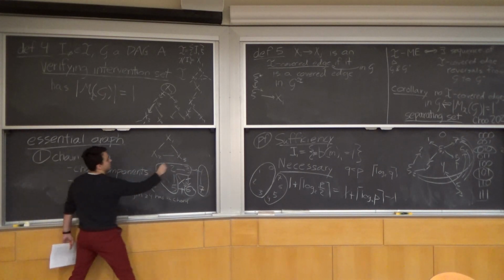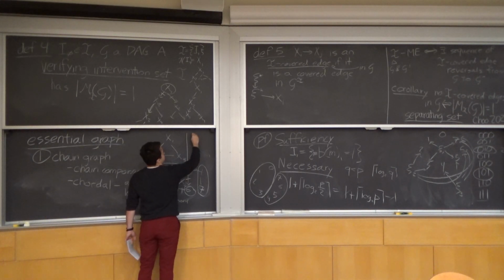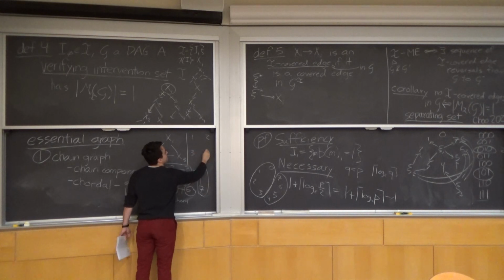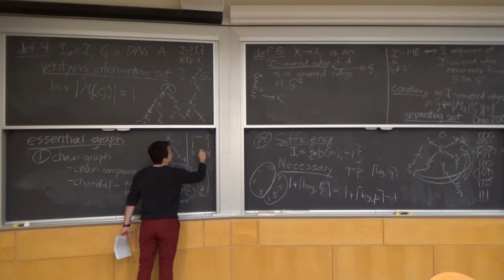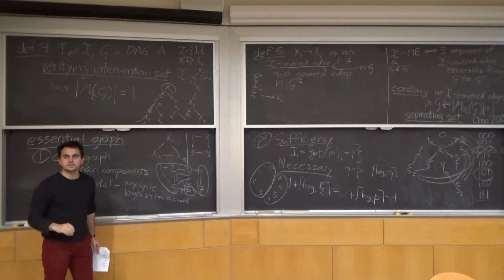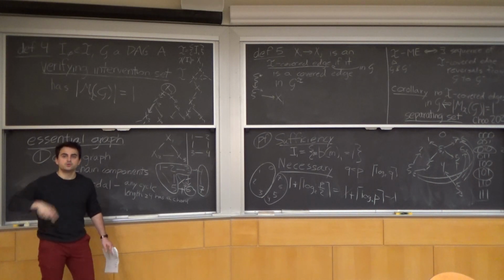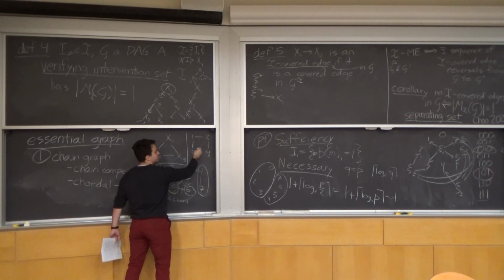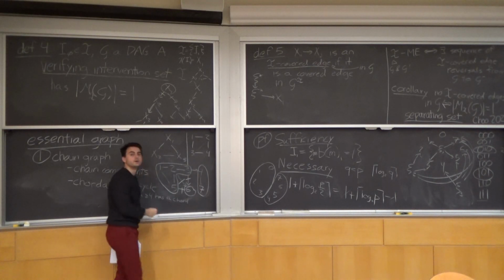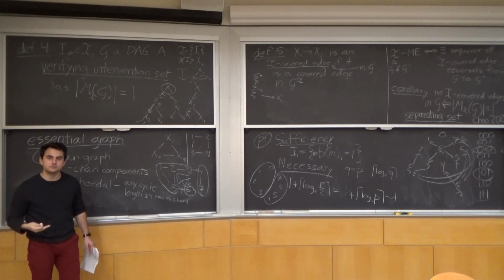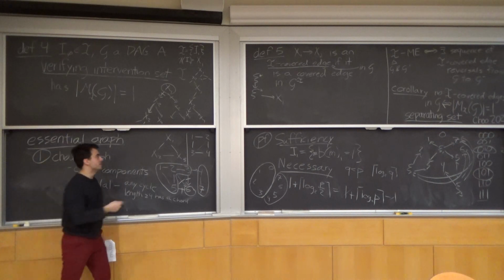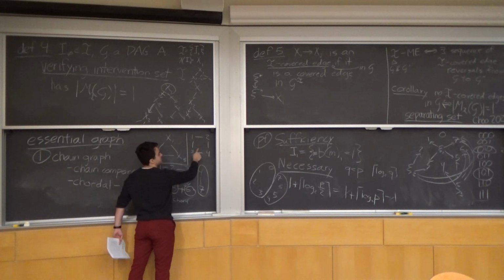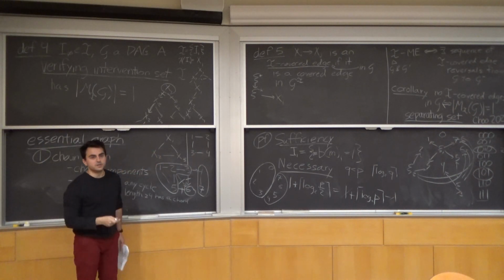Right, so what this says is that if I had a cycle like this, then it has to have a chord, which is an edge between 2 non-adjacent vertices. So it would either have to have this or the other, 1 to 4, in order for it to be a chordal graph. And this is actually really easy to see because of Meek rules.